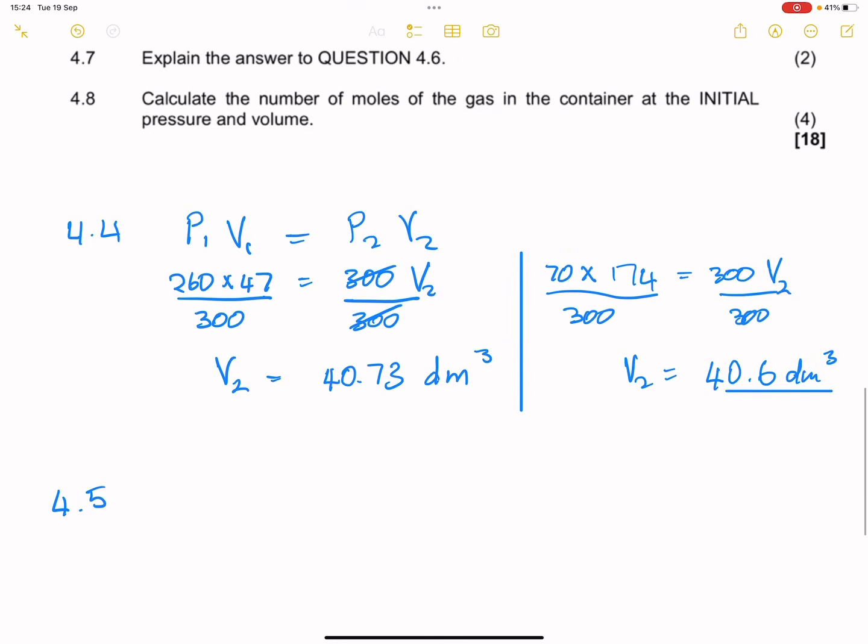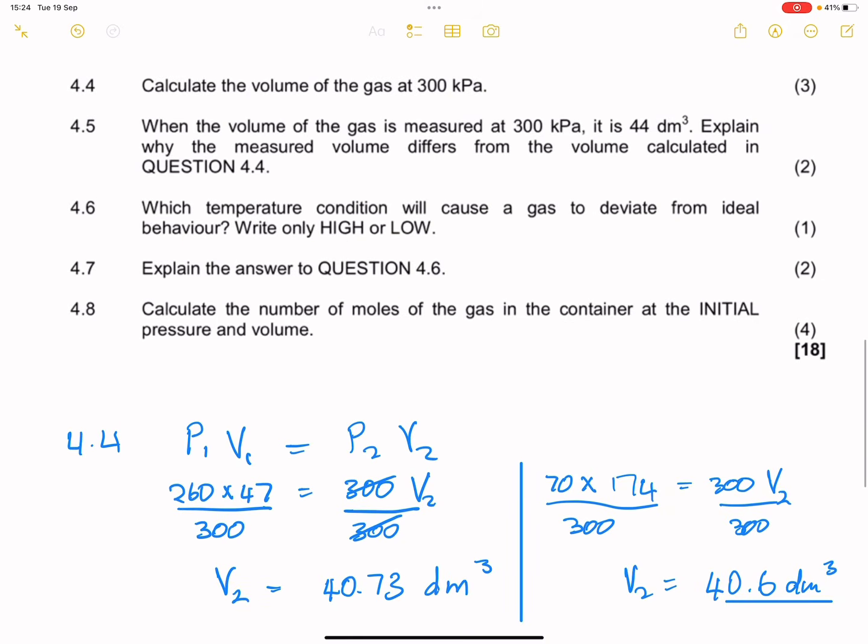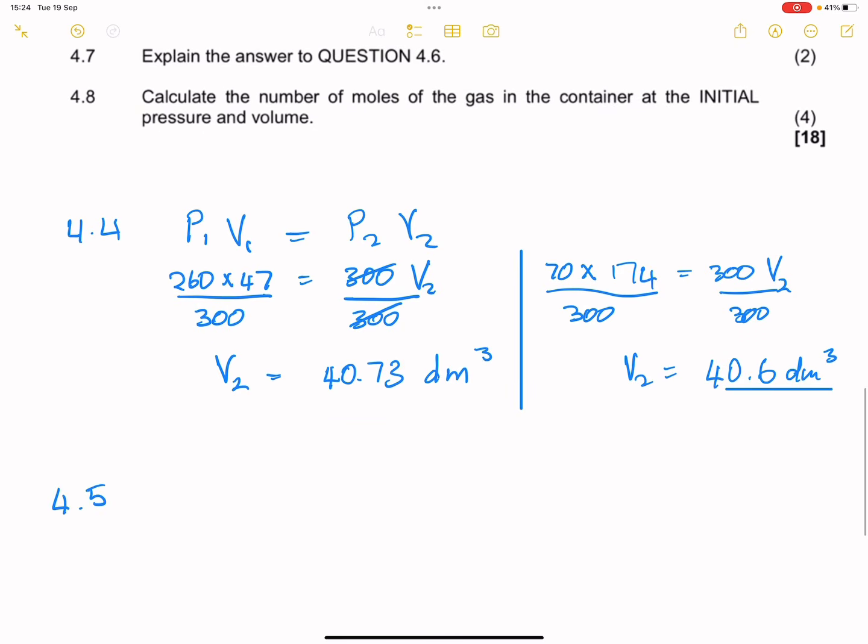But what happens with real gases at high pressure? At high pressure, of course, those intermolecular forces start to become real. So they said to us, explain why the measured volume differs from the volume that is calculated.